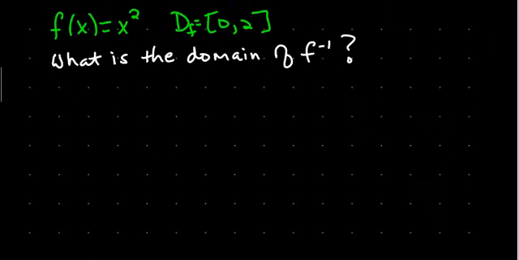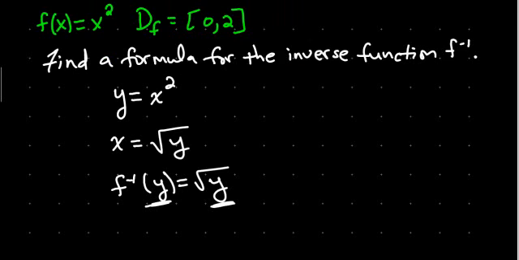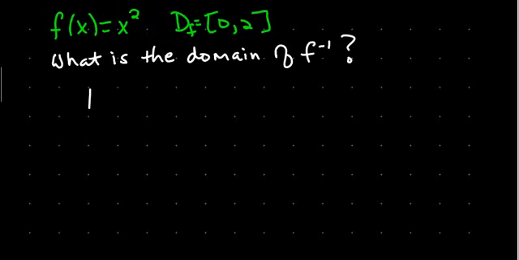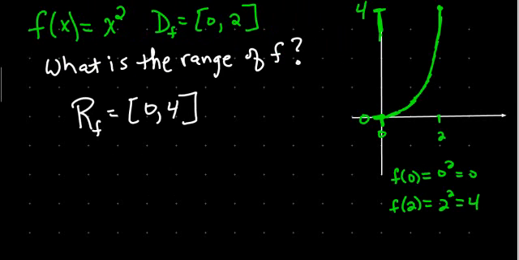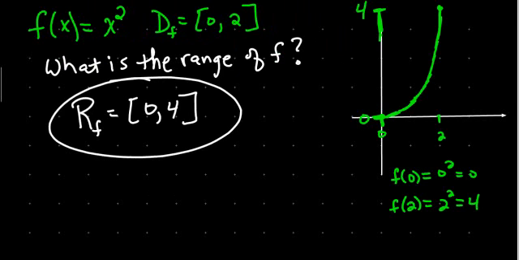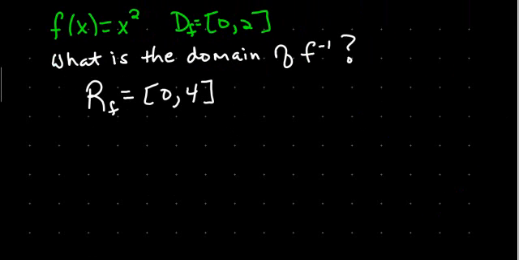So I think that's going to be my next question. What is the domain of f inverse? We know that the range of f equals 0 to 4. That was from the first problem, where we found the range of f. So now we know the range of f is 0 to 4.